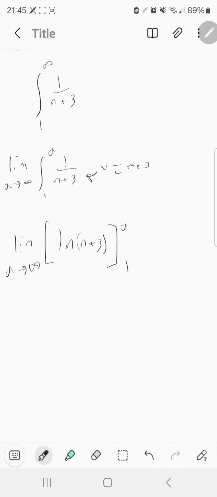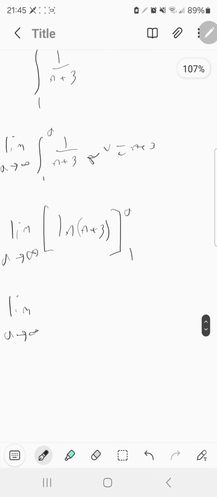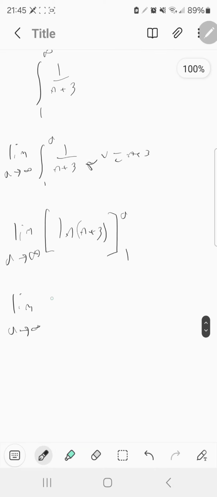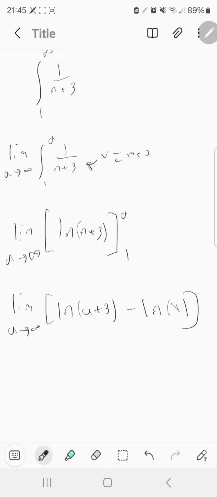Now, from here, if we take the limit as a approaches infinity, we get ln of a plus 3 minus ln of 1 plus 3, which is 4. If we plug in infinity for a, we get ln of infinity plus 3 minus ln 4.